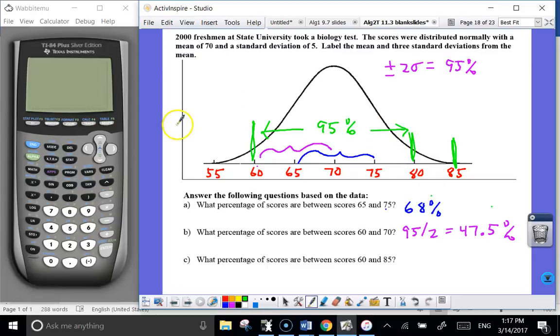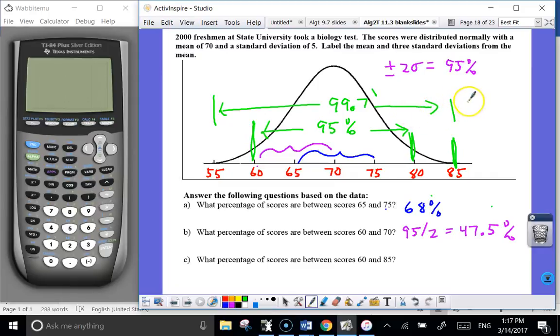And then how much is it from here to here? 99.7, right? So if I do the difference, it's 99.7 minus 95. That would be 4.7, but half of that would be on one side and half of it would be on the other side.